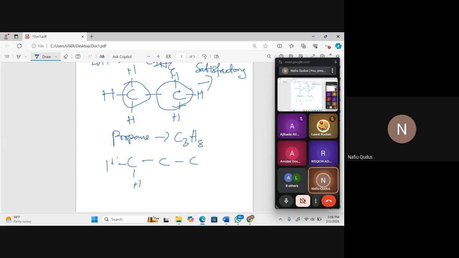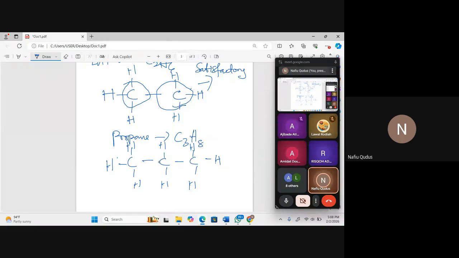We have another hydrogen here. We have another hydrogen here. We have another hydrogen here. We have 1 hydrogen here, another here. Are we together? When you count it, we have 1, 2, 3, 4, 5, 6, 7, 8. It is C3H8. When you check this carbon, the bond that surrounds this carbon itself is 1, 2, 3, 4.